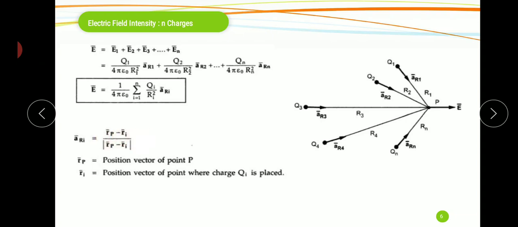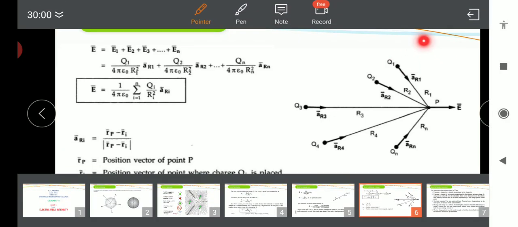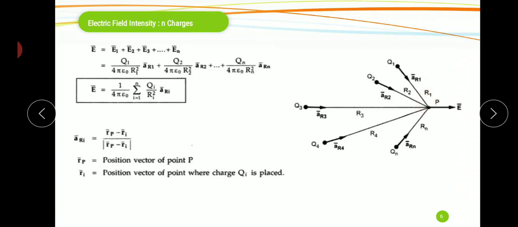Here rp and ri are the distances from the origin to charge qi and to position P. For charge q, the distance from the origin to the charge is represented by ri, and from the origin to the position is represented by rp. For example, there is an origin, the origin's distance from q1 is ri, and for the position it is rp.